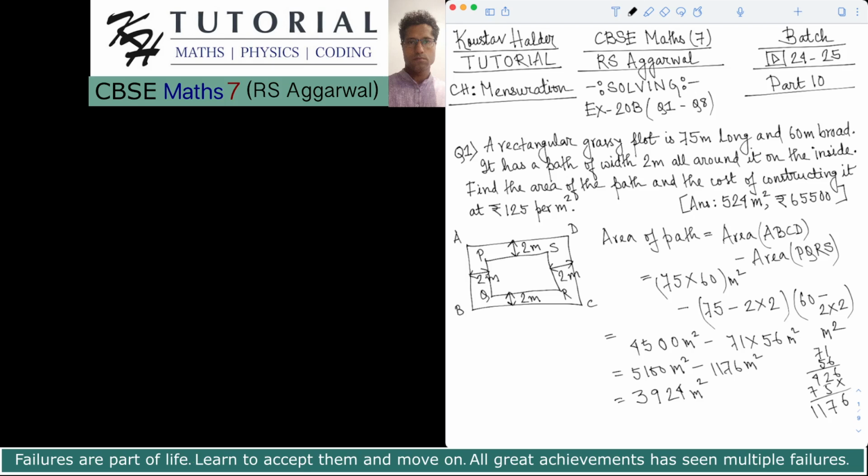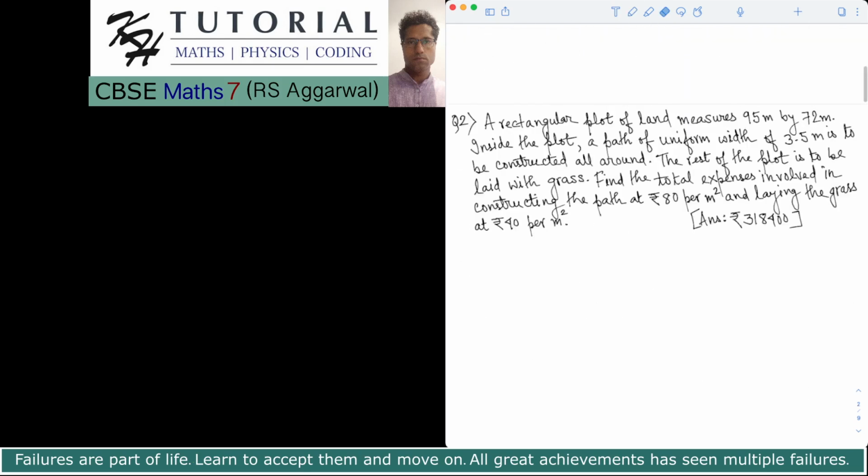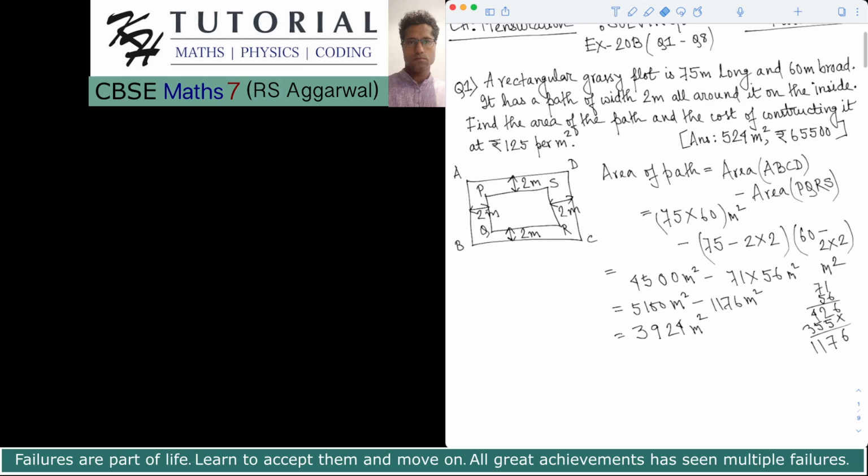Okay, so I am making a silly mistake in basic mathematics. So this is 42 and this is 5 and 35. Okay, so now this is 3976.